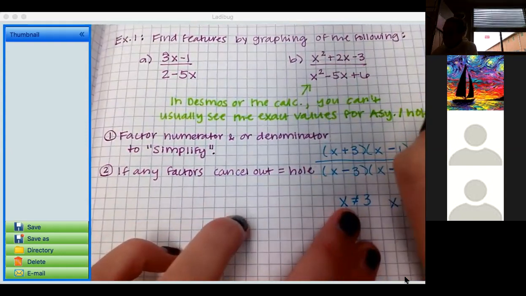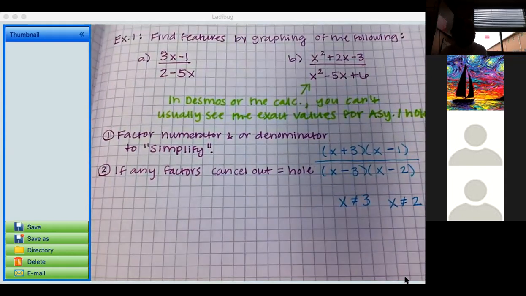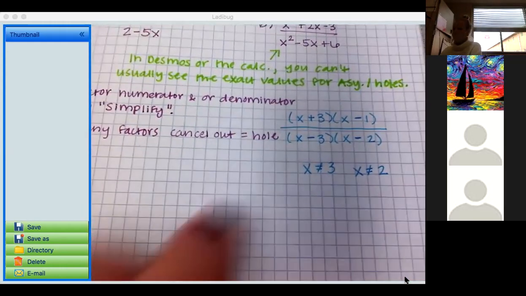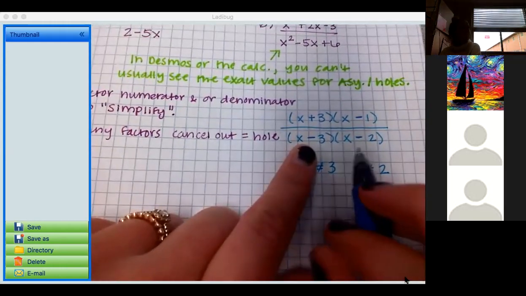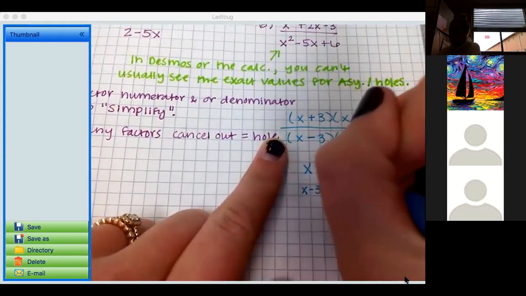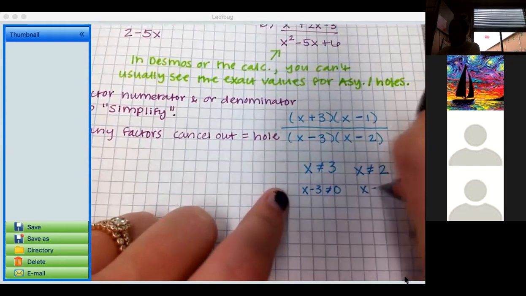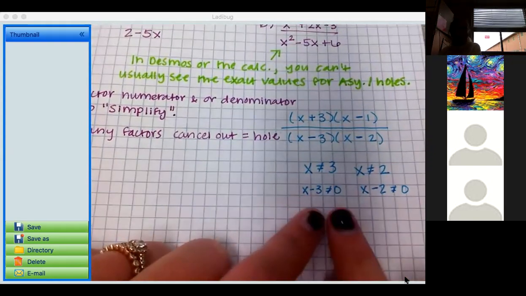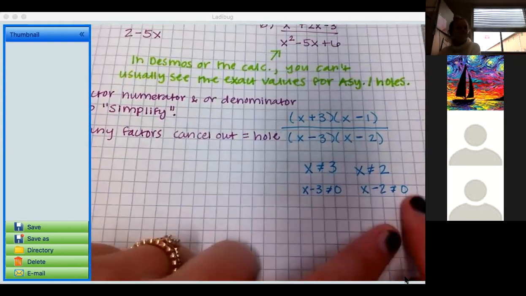And X can't be 2. Guess what? There's your 2 vertical asymptotes. Are we okay with that? All right, y'all got to talk to me. Yes, so your denominator we learned in unit 1 can't be 0. So this means X minus 3 cannot be 0 and X minus 2 cannot be 0. So we just solved it in our head. If you get X by itself, it can't be 3 and it can't be 2.